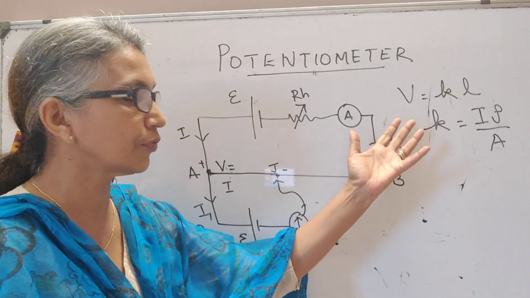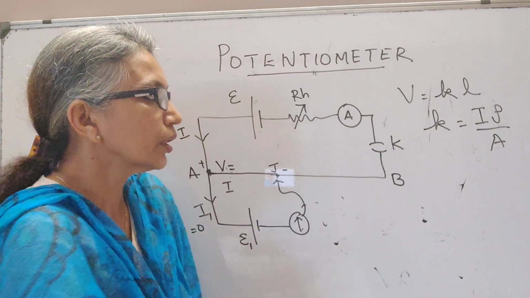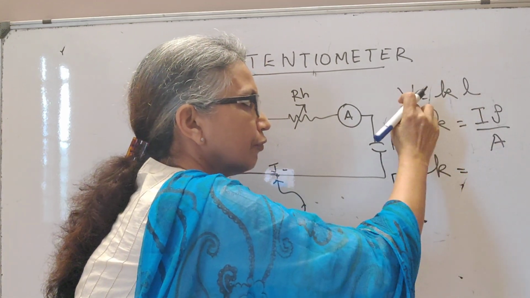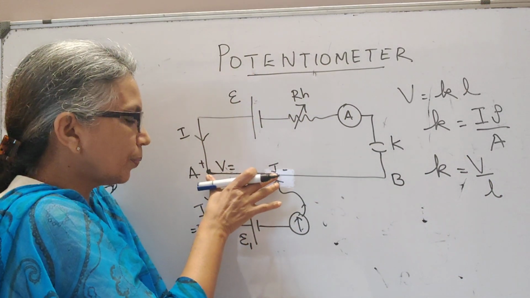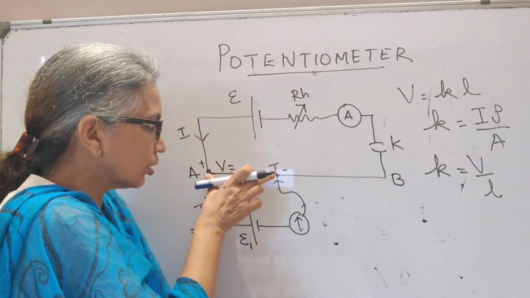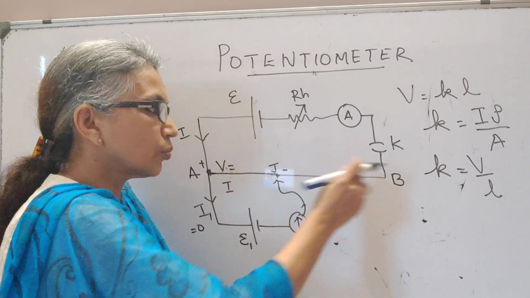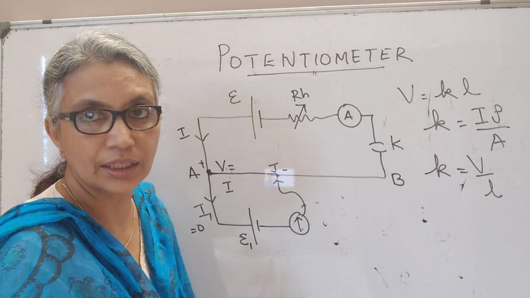Only then the principle of the potentiometer is valid, V proportional to L. Here K I am going to define as V by L, which is the potential drop divided by that length of wire. What do you mean by K then? It is the potential difference across unit length of wire.